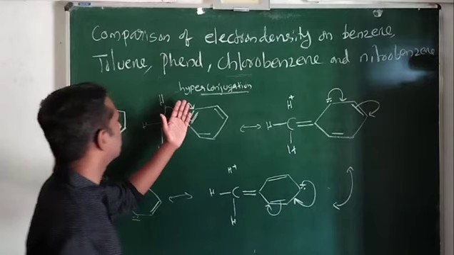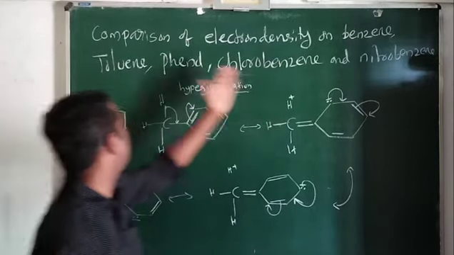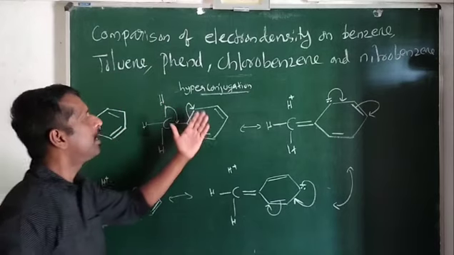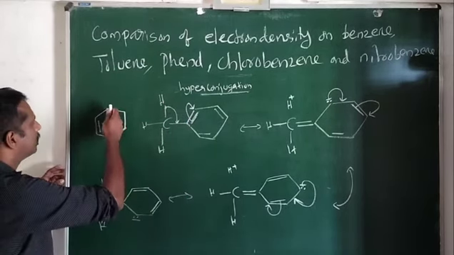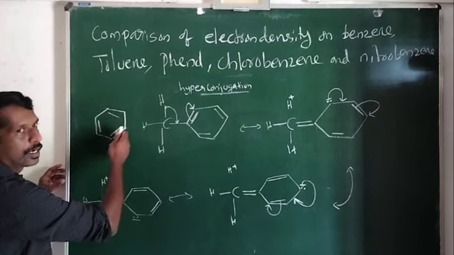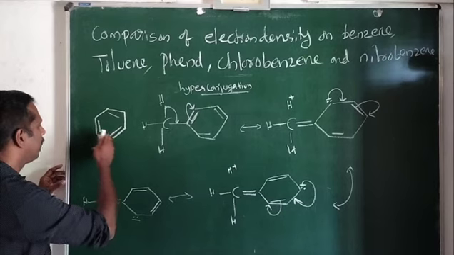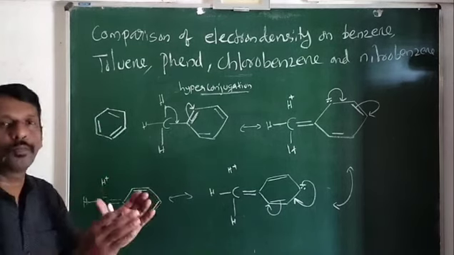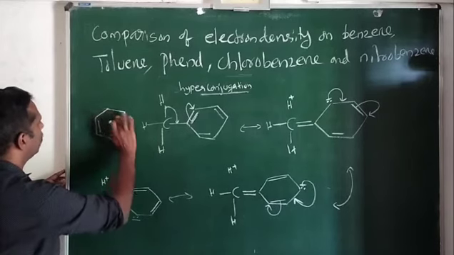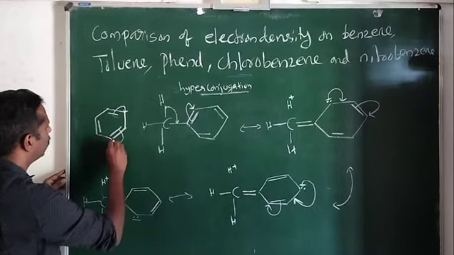Now what is the comparison of the electron density on benzene and toluene? In the case of benzene, these pi bonds are equally distributed, and hence all the positions will have an equal amount of negative charge or electron pair shifting. This pi is shifting to here, then this will be shifted to here, and this will be shifted.